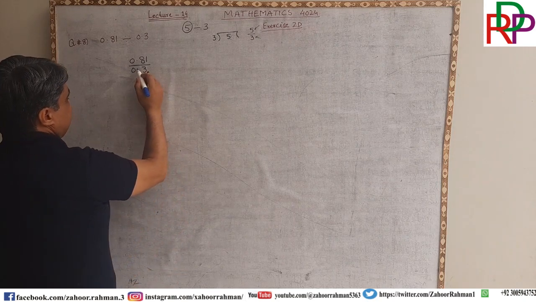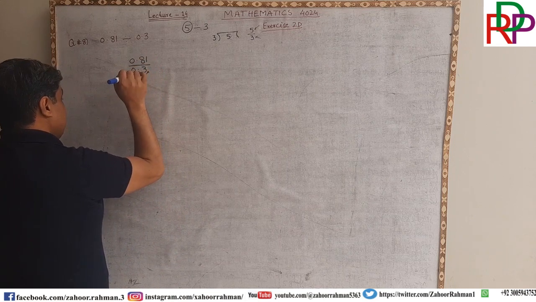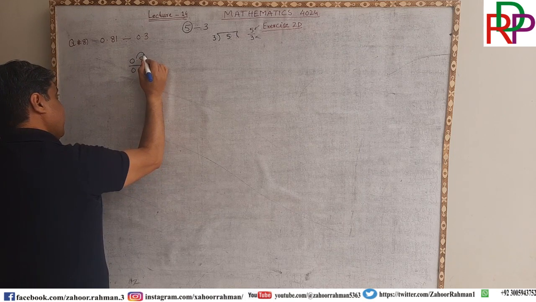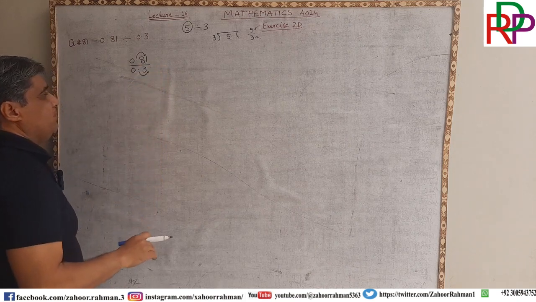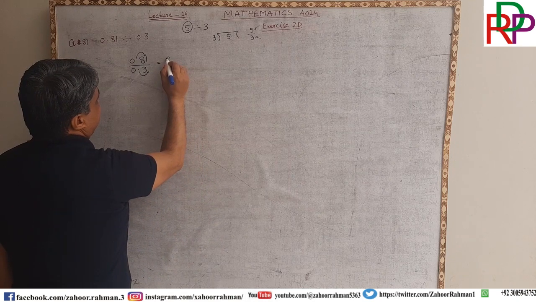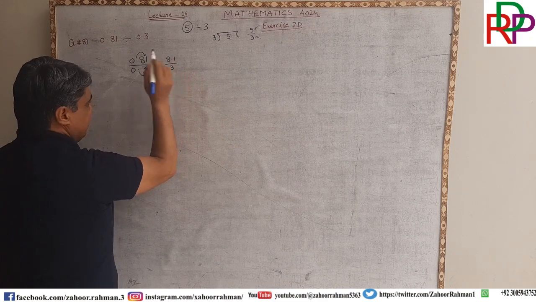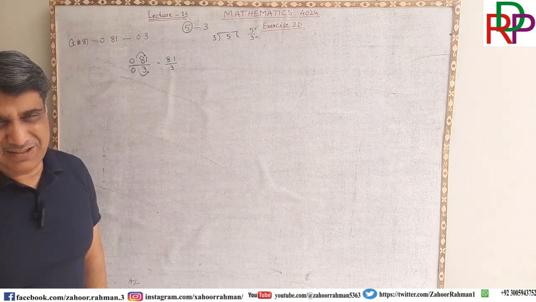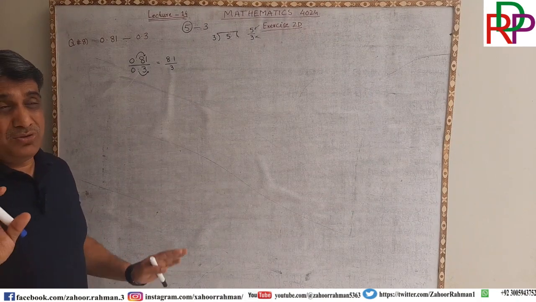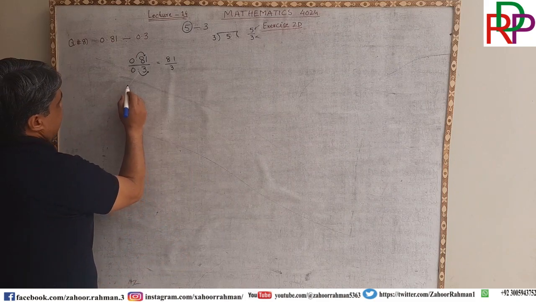As many times as you move the decimal in the denominator, that many times you have to move it in the numerator as well. So we can write this as 8.1 divided by 3. If there is a decimal in the numerator, it doesn't matter, but the denominator must not contain one, so you have to remove the decimal from the denominator.